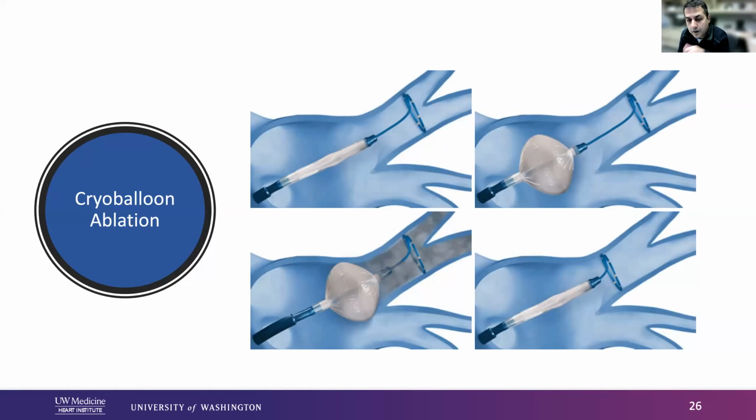Once we run our very cold nitrogen gas through that balloon, its temperature drops significantly. So the tissue that it's making contact with is frozen as opposed to heated. Once we are done delivering that therapy, we deflate the balloon, and that's what allows us to pull it back out without any incident.